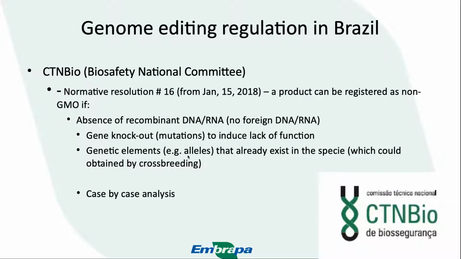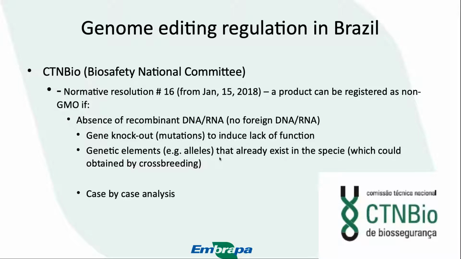So, for instance, genetic elements or alleles that already exist in some species, which could be obtained by crossbreeding. This is the same case again, Holstein and Gir. If you have some mutations that are associated with some trait in Holstein, you can move them to Gir and vice versa, without it being considered a GMO animal. But this is a case by case analysis.